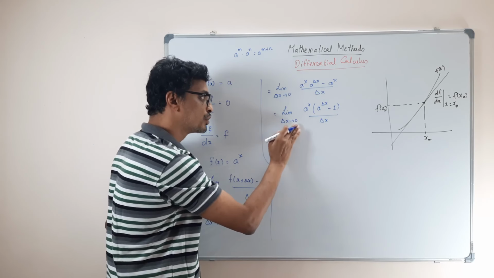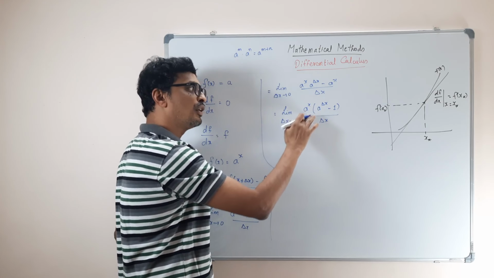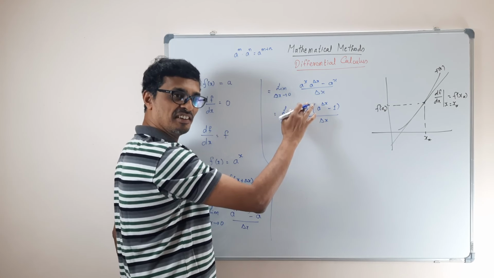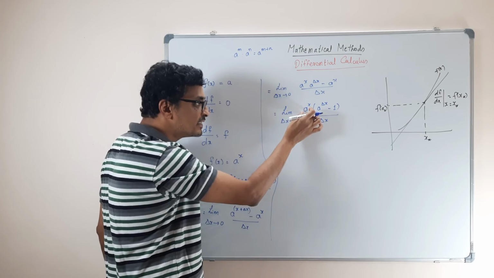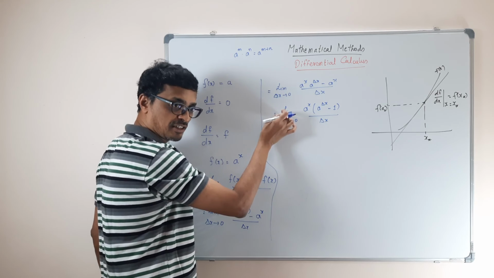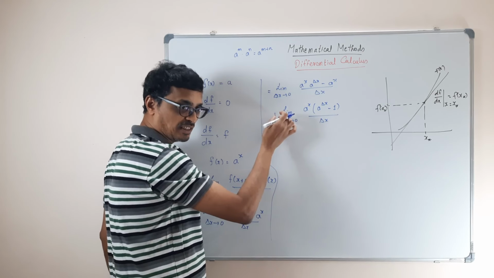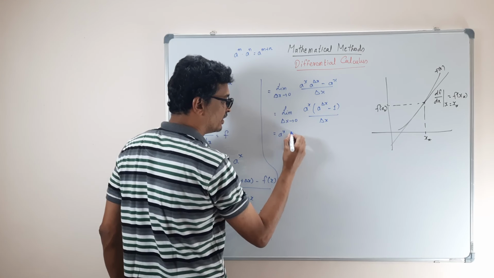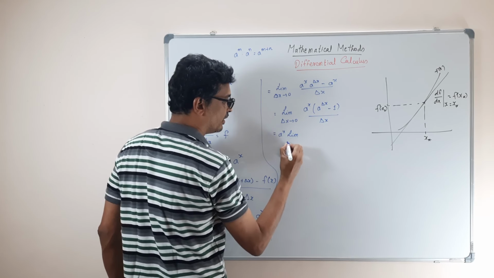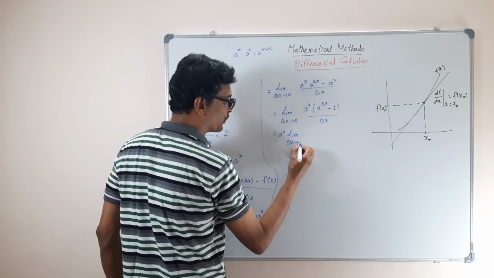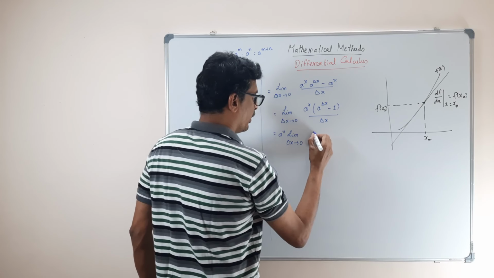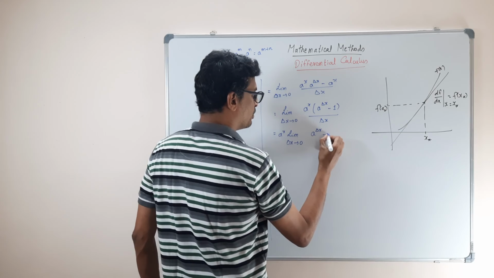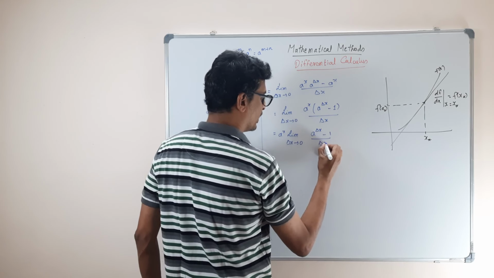Even if delta x goes to 0 or doesn't go to 0, this is not going to affect this at all. Okay, so instead of writing it behind, I can write it in front. I can take this out. So this will be what? Tell me. A power x limit delta x tends to 0, a power delta x minus 1 by delta x.